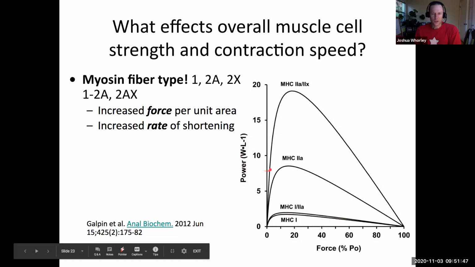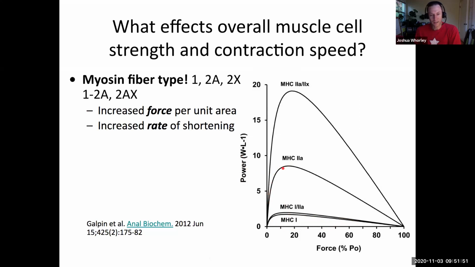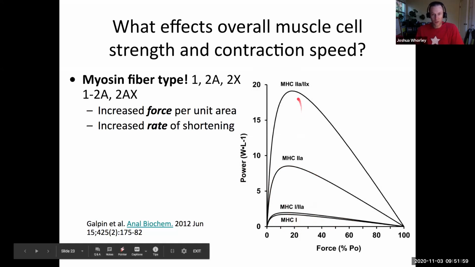This power is showing how much power is produced at a given place during this contraction relaxation phase. So first, you'll notice that type 1 compared to this hybrid fiber type, there's a not vanishingly, but a very, very small amount of force produced, total force over this whole twitch versus over this whole twitch.